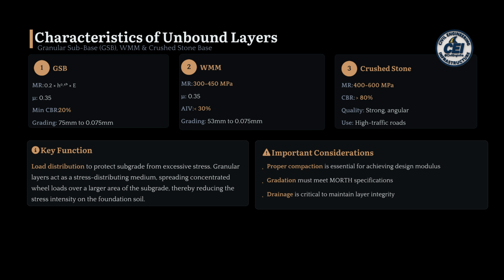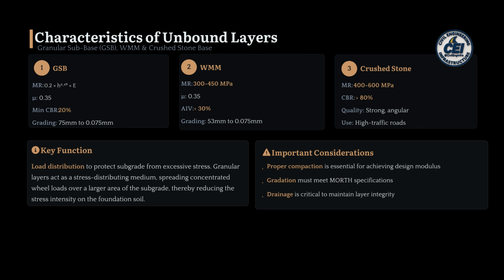Poisson's ratio 0.35. Minimum CBR 20%. Grading 75 mm to 0.075 mm as per MORTH table 400-1.